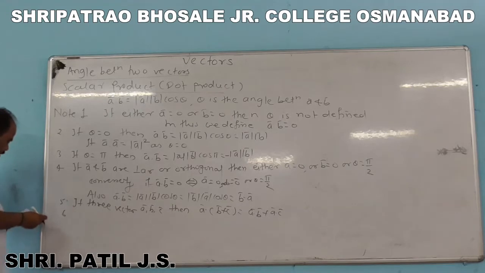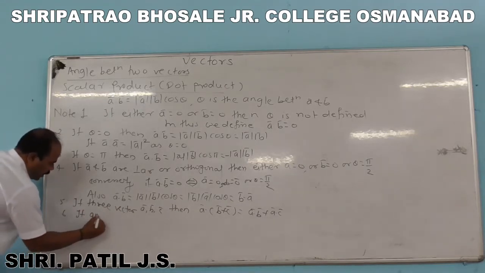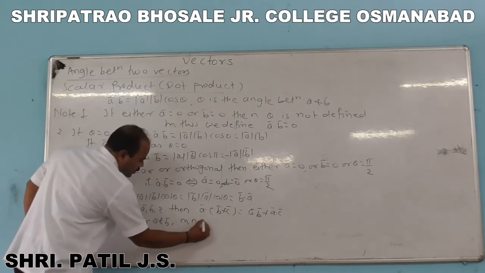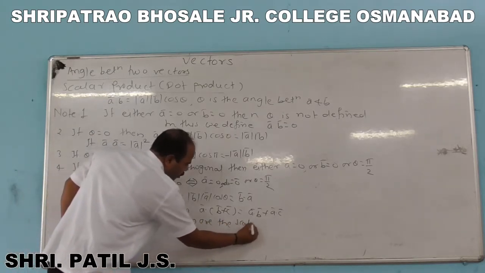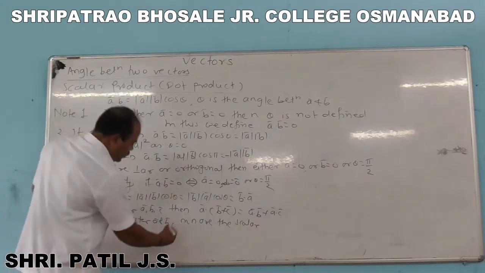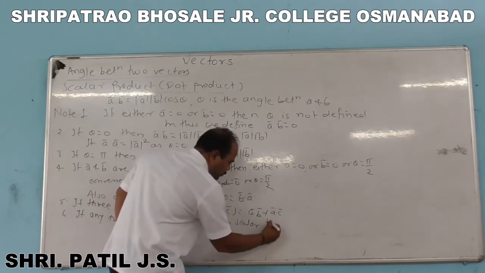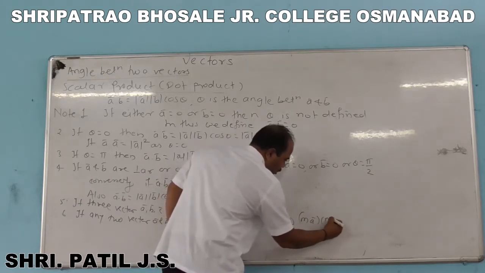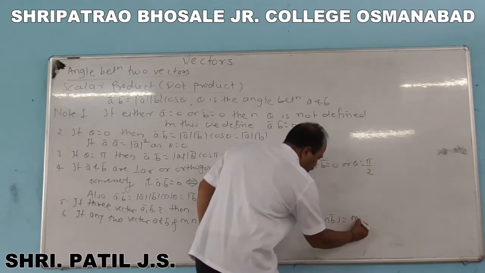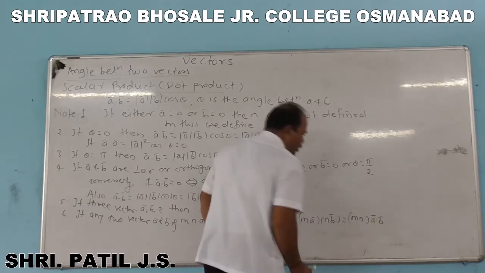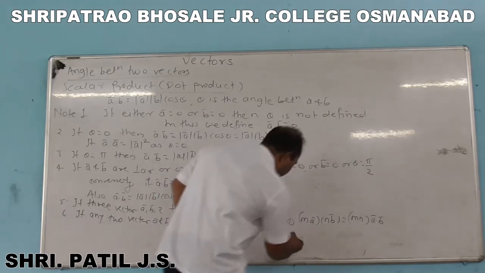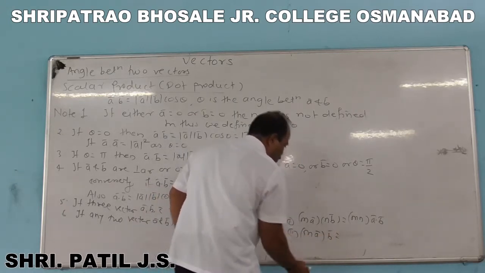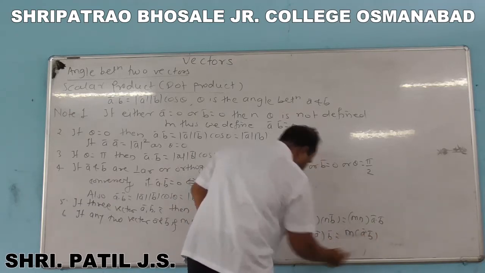Then next, note 6: if any two vectors A and B, and m and n are the scalars, then first, m into A bar dot n into B bar equal to m n into A bar dot B bar, and second, m into A bar dot B bar equal to m into A bar dot B bar.